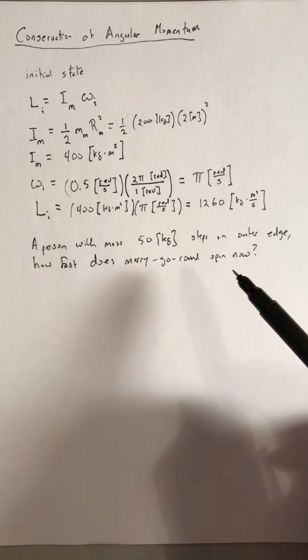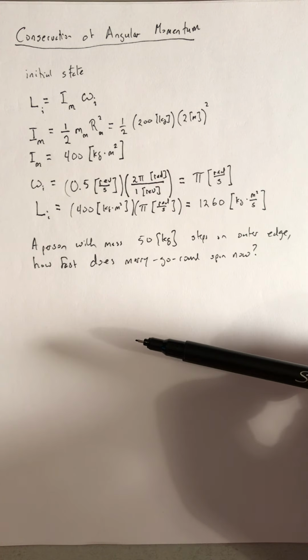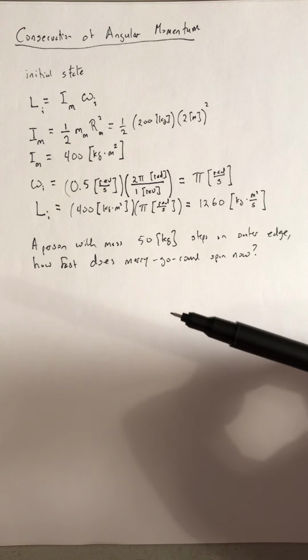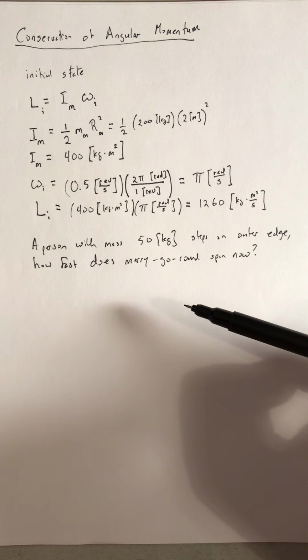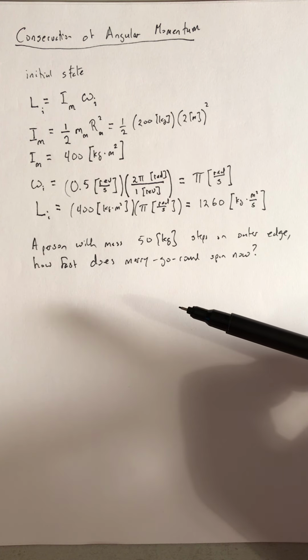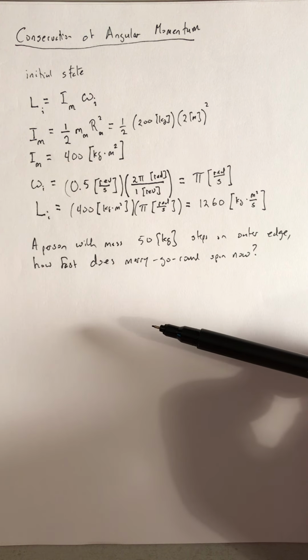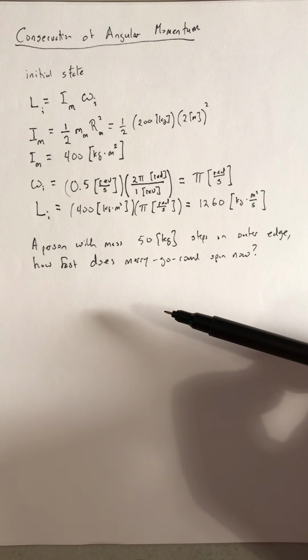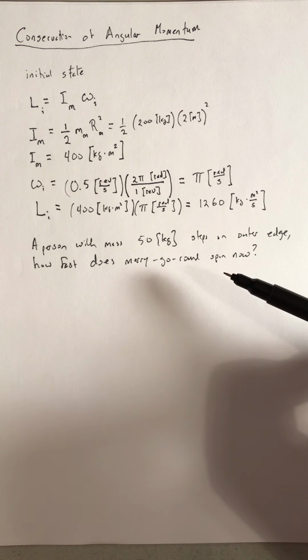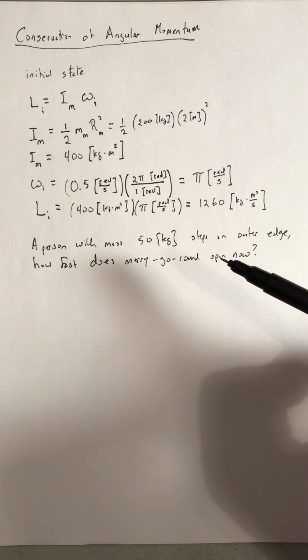So if we take our system to be the person plus the merry-go-round, the force of friction and the normal force that each are exerting on the other, the person and the merry-go-round, are internal to the system. So they're not able to change the angular momentum of the system.